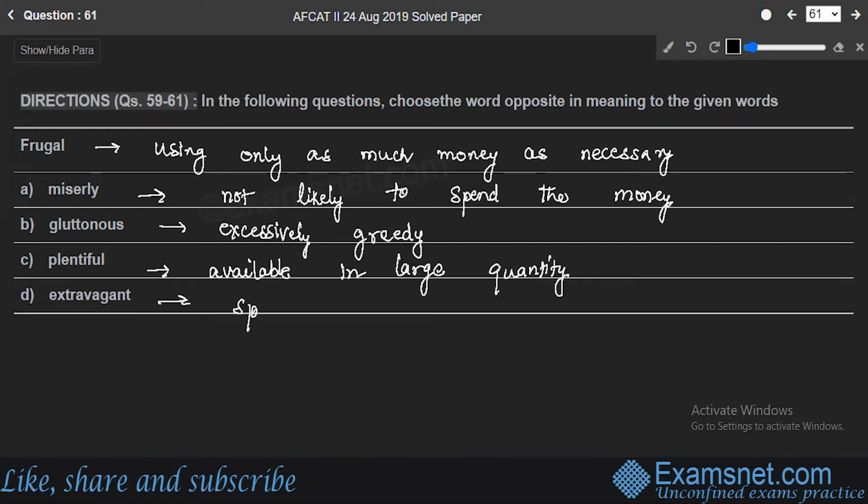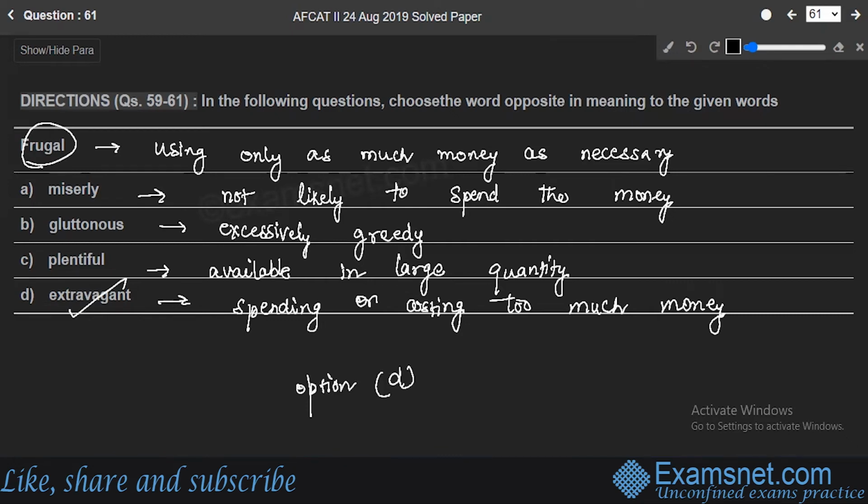Extravagant means spending or costing too much money. So the word which is opposite to frugal is obviously extravagant, because frugal means spending only as much money as is necessary, whereas extravagant is when you're overspending, right? So option B is the correct answer to the given question.